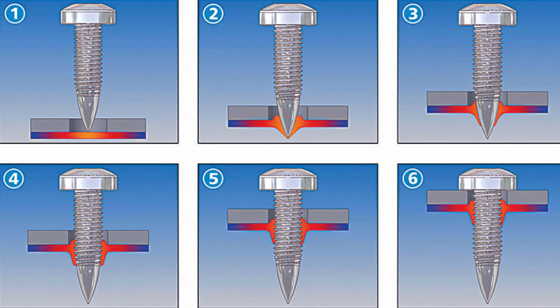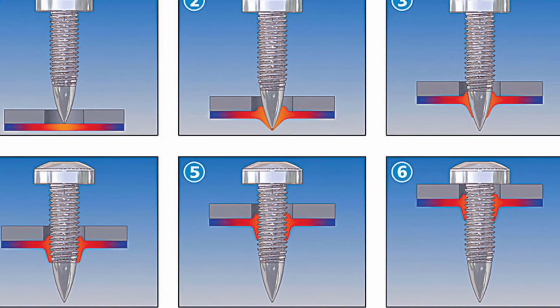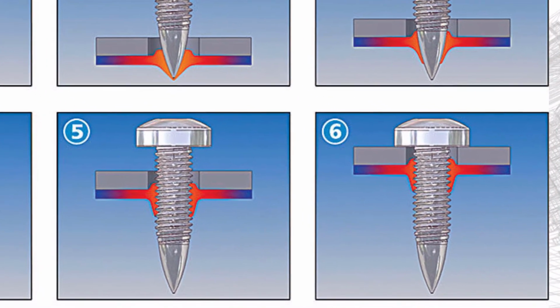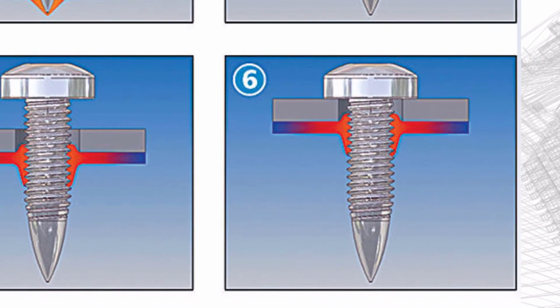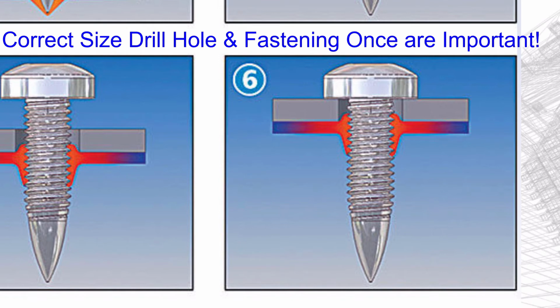This diagram shows the ideal way that self-drilling screws become attached to a metal structure. You can see that the screw ideally reforms the metal material that it's attaching to maximize the thread engagement in that material. That's going to provide the most beneficial pull-out strength value.